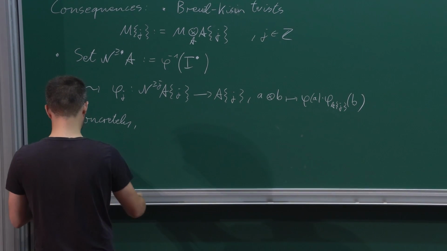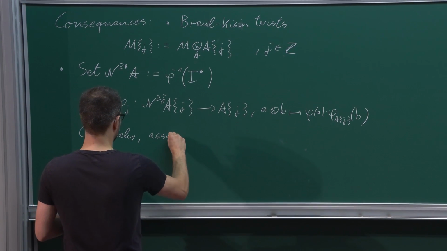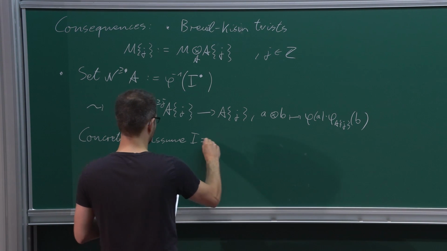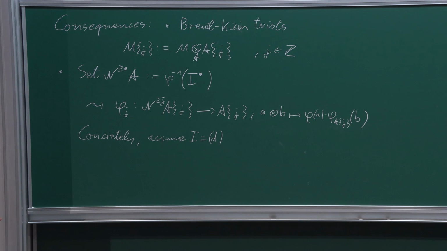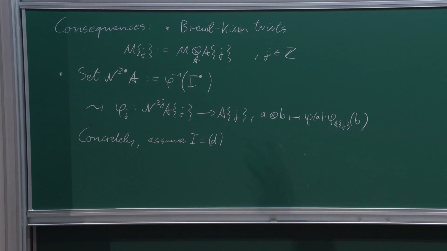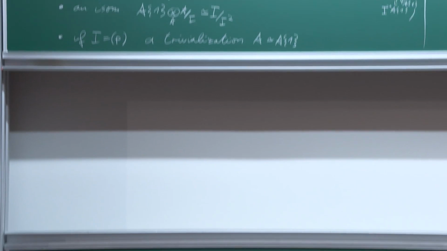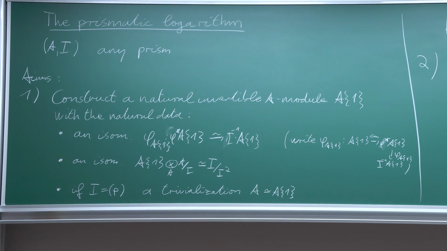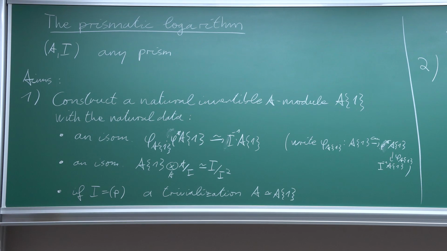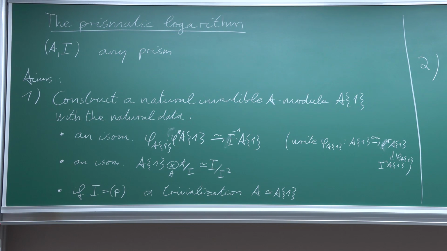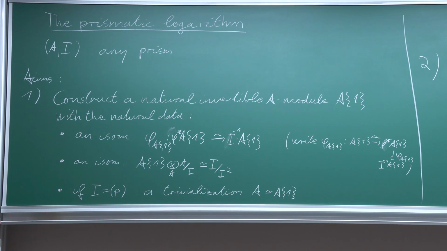So let us assume that I is principal, and so then by I-adic completeness of A, the second point over there already forces that the Breuil-Kisin twist is trivial as an A-module. I mean, this does not give a canonical trivialization, but at least there is some.